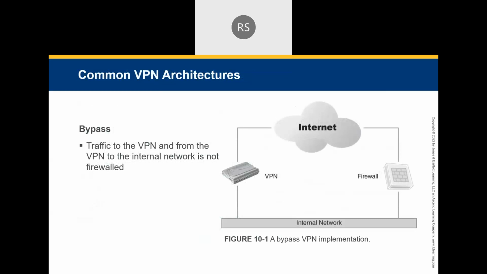So some common VPN architectures we'll look at, first is the bypass. In the bypass VPN architecture, the traffic to and from the VPN and the internal network is not firewalled. This setup allows VPN traffic to directly access the internal network without passing through a firewall.